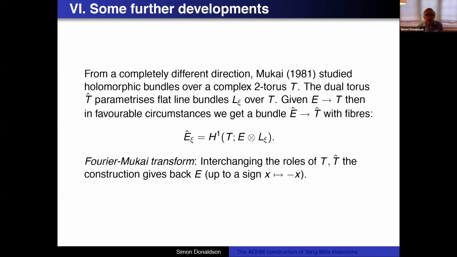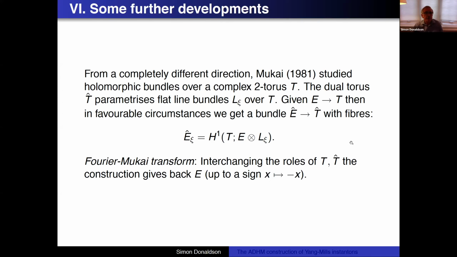So in that situation, we have a dual torus, T hat, which parameterizes the flat line bundles over T. For any point psi in T hat, we have a flat line bundle L psi over T. If we start with the holomorphic bundle E over T, then in favorable circumstances, we get a bundle E hat over T hat.